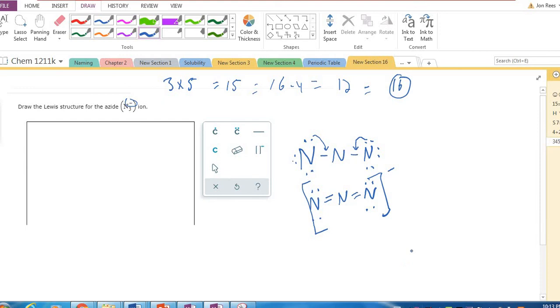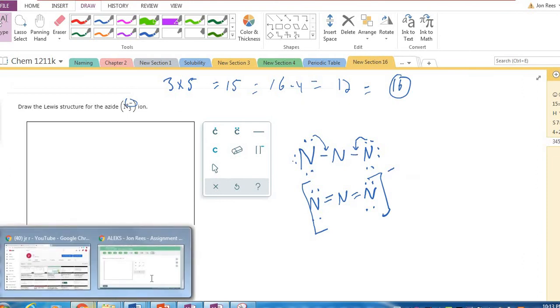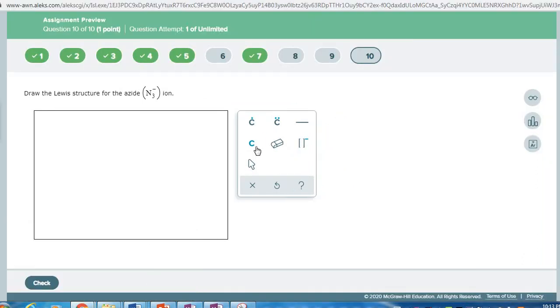So let's go ahead and go back to Alex itself, and let's put it in there. I got nitrogen bound to another nitrogen bound to another nitrogen.